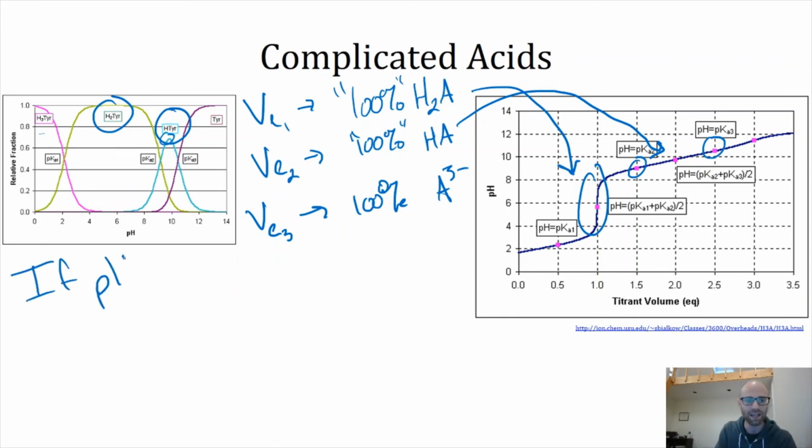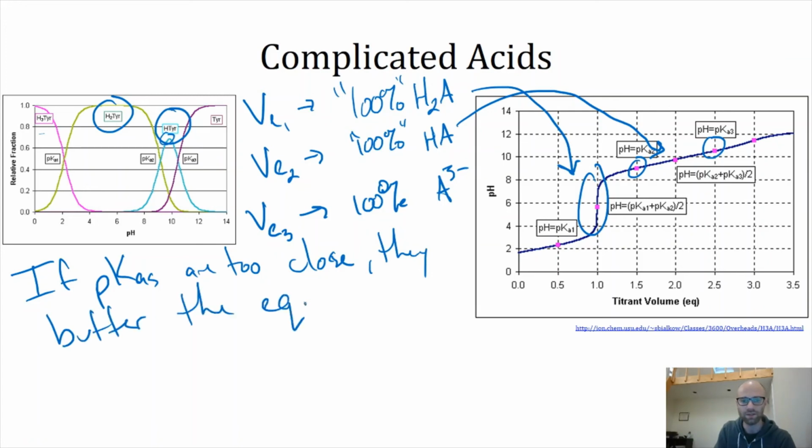If pKa's are too close, they buffer the equivalence, and then you don't actually see good data. Now, obviously, for pK3, we have another problem where this solution is getting a little too close to the concentration of your titrant again.